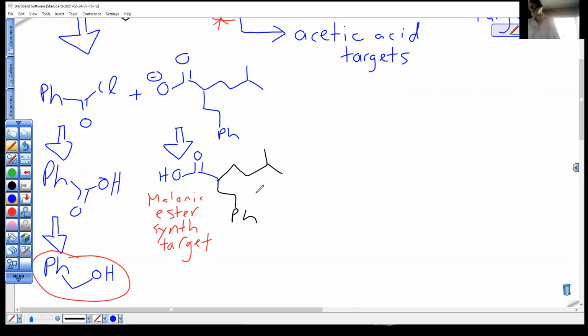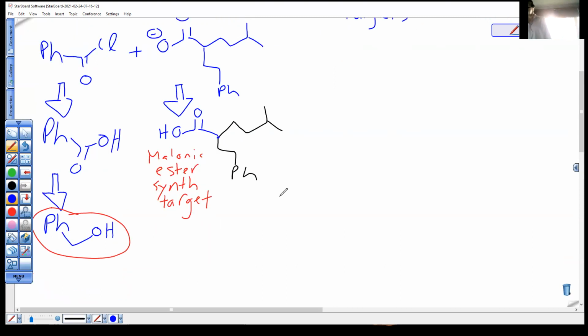Okay. What it came from was a malonic ester with the 2 groups on it, which then underwent saponification, acidification, and decarboxylation. So it used to be a diacid there, and we'll put it in blue.